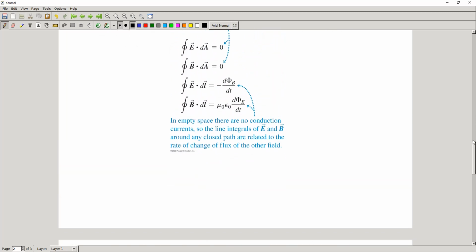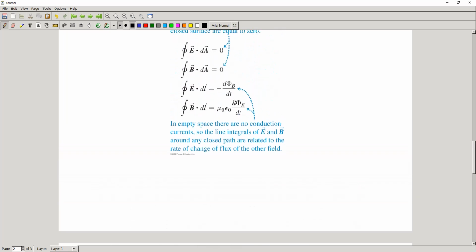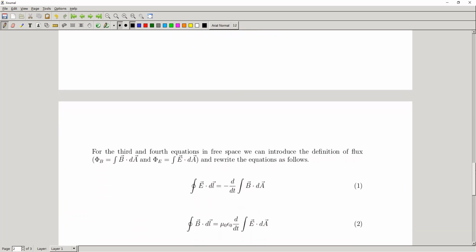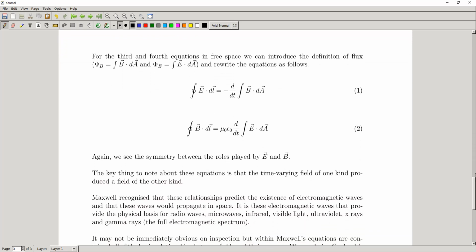If we take these two last equations here, these equations that come from Faraday's and Ampere's law, and we substitute in for these expressions for our fluxes, for our magnetic and our electric flux that we have here, we see that we have these two equations emerging as well. Okay, and again we see the symmetry between the roles played by the electric field and the magnetic field, right?